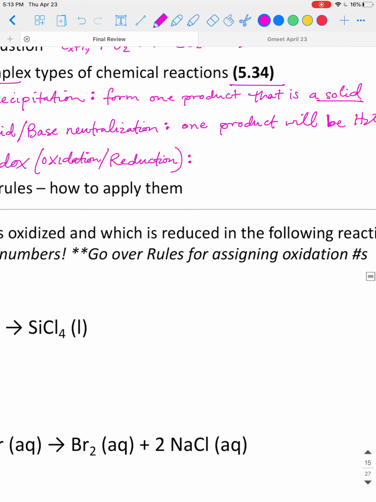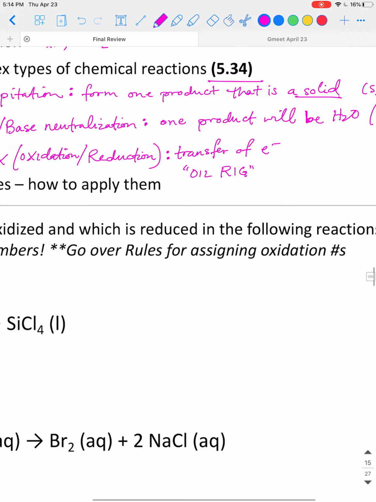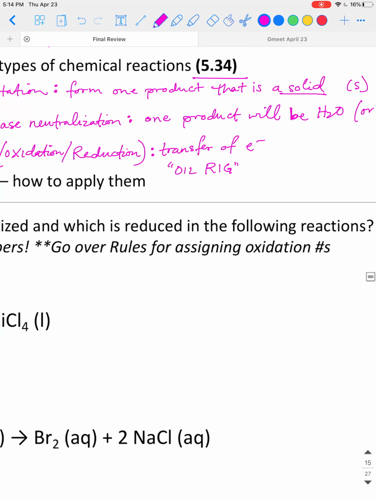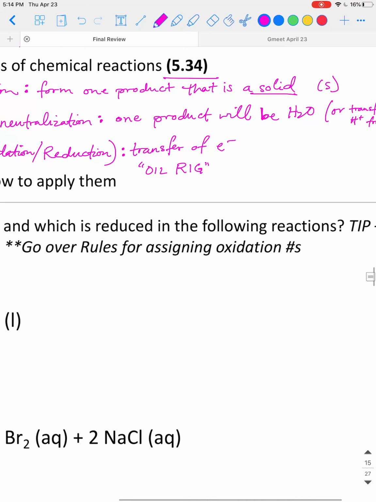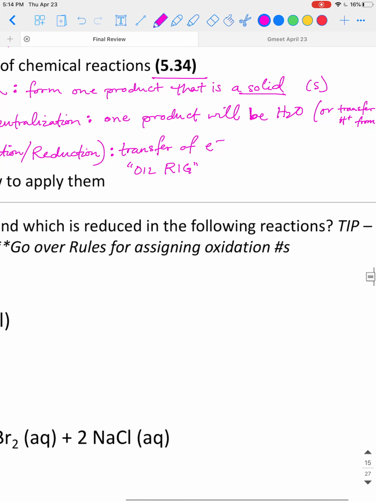And remember, all that's going on here is the transfer of electrons. So remember the statement OIL RIG for this.